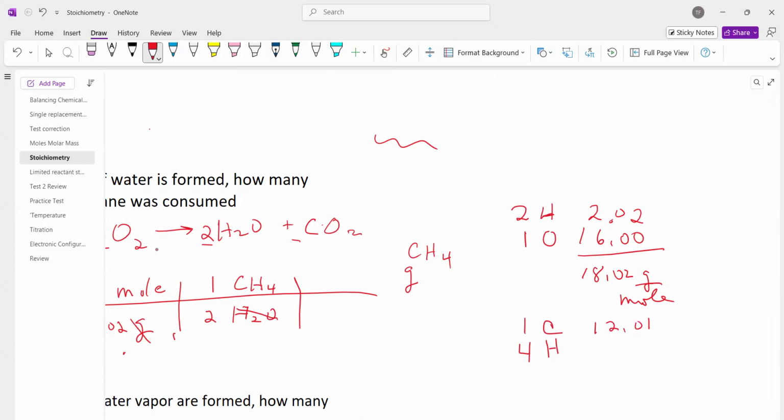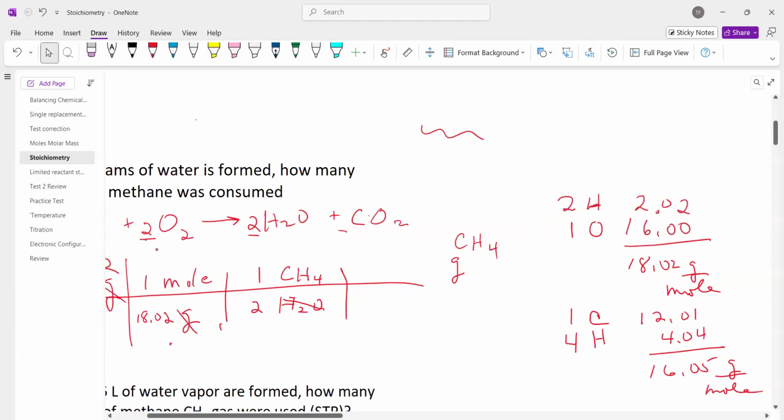Hydrogens are 1.01 apiece, so there's 4 of them. So that's 16.05 grams per mole. So that's going to get us from moles to grams now. For moles to cancel, it's going to be in the bottom.